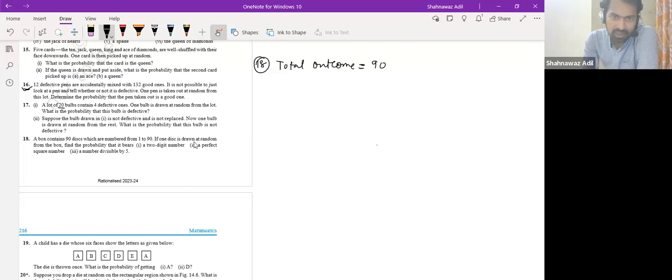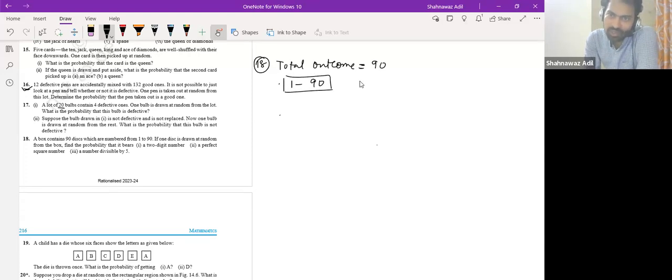If one disc is drawn at random from the box, find the probability that it bears a two-digit number. So how many two-digit numbers do we have from 1 to 90? 81.